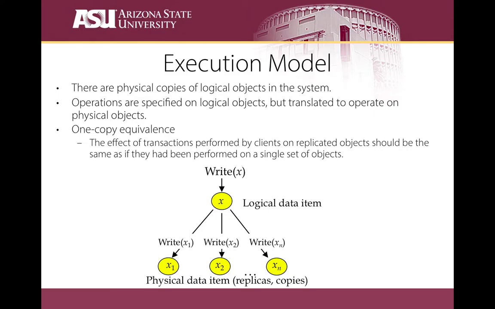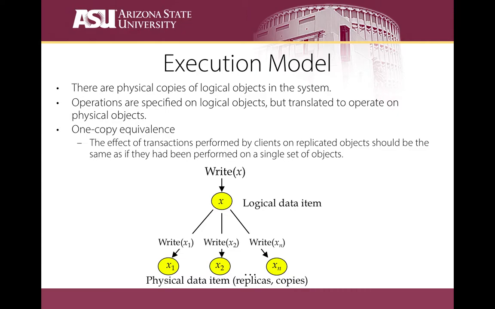So whenever I have a transaction that reads or writes X, how can I do that? When I'm writing X, that's also a user operation. The user thinks that X's value should be this new value.